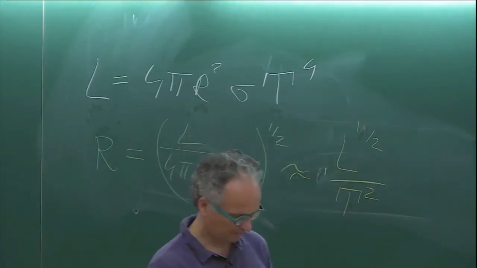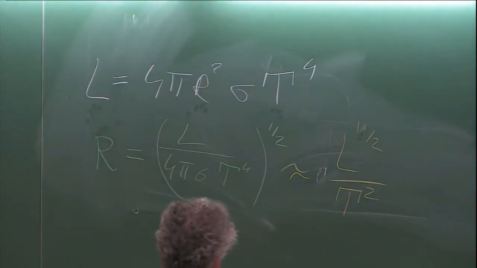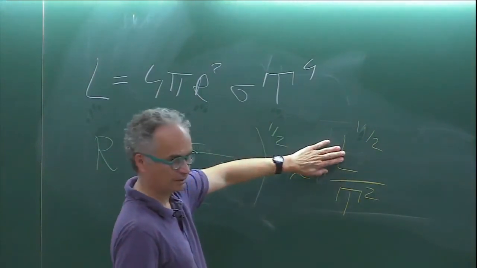So if we increase the luminosity by 4 orders of magnitude, that gives you a factor of 100 here.